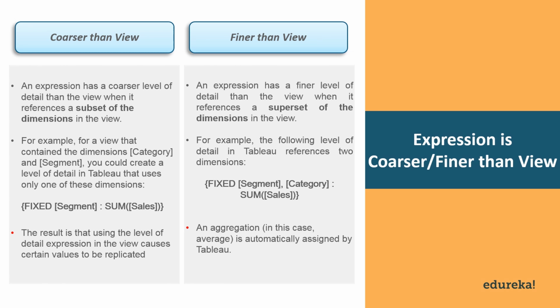So when I use this expression here, the expression has a coarser level of detail than the view. It bases its values on one dimension, that is segment, whereas the view is basing its view on two dimensions, segment and category. The result is that using the level of detail expression in the view causes certain values to be replicated. That is, they will appear multiple times.